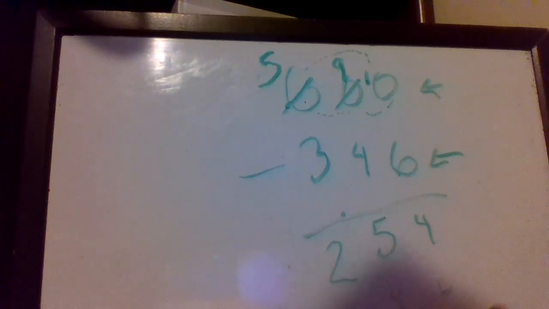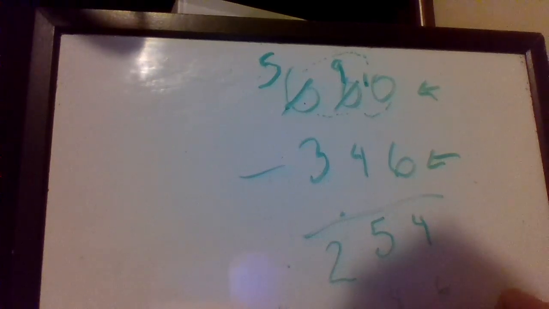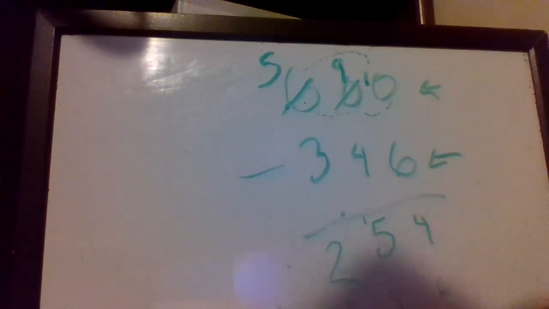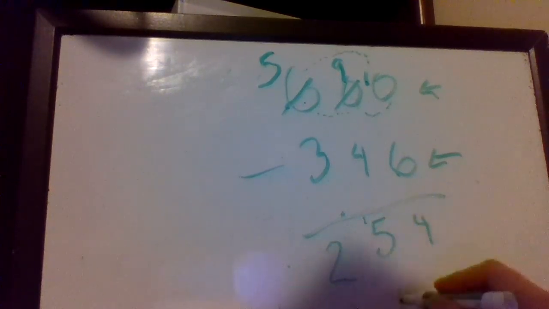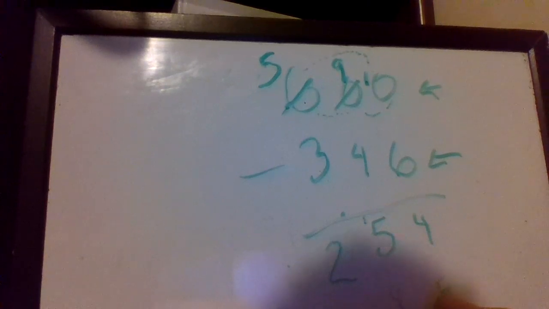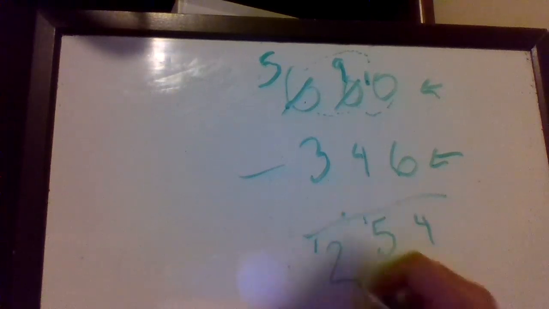4 plus 6 is 10. Put down your 0 and carry your 1. 5 plus 4 is 9. 9 plus 1 is 10. Put down your 0, carry your 1. 2 plus 3 is 5. 5 plus 1 is 6.